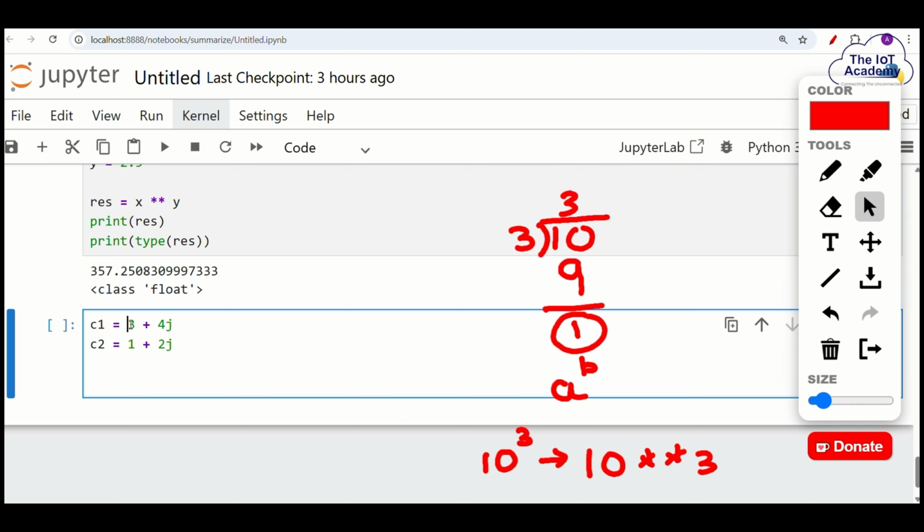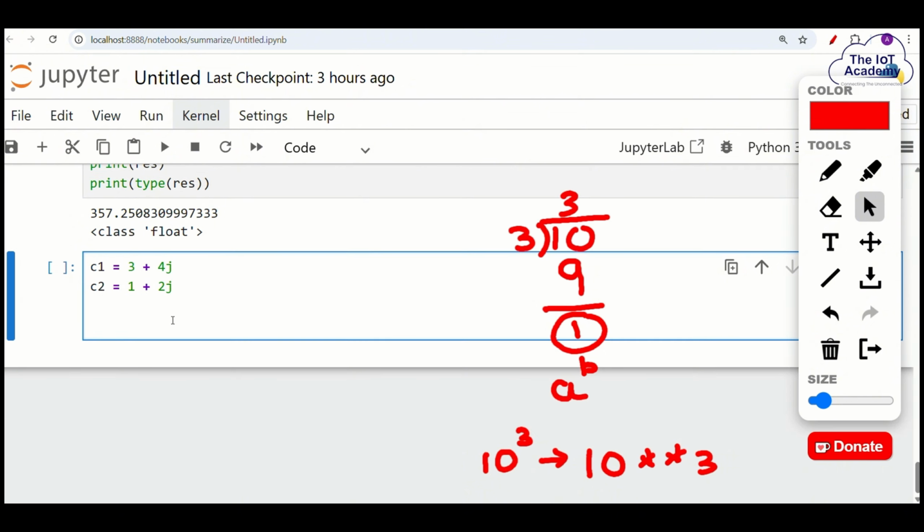You define them by the real number, and then a plus or minus sign, and then 4, and then you put this little j sign. This is important. When you put a j sign, you're telling Python that all these numbers over here, think of them as a complex number. And so when you add, subtract, or divide these numbers, you are going to treat them as complex numbers.